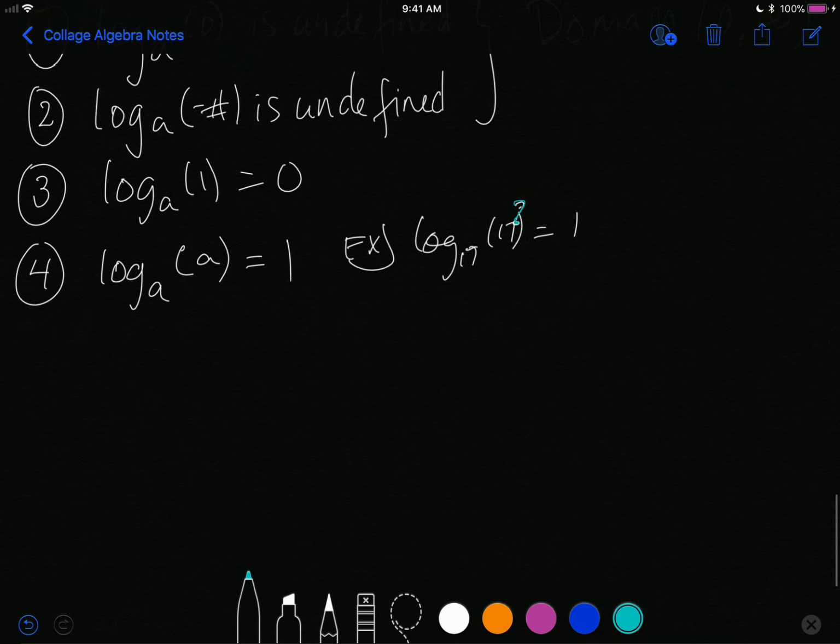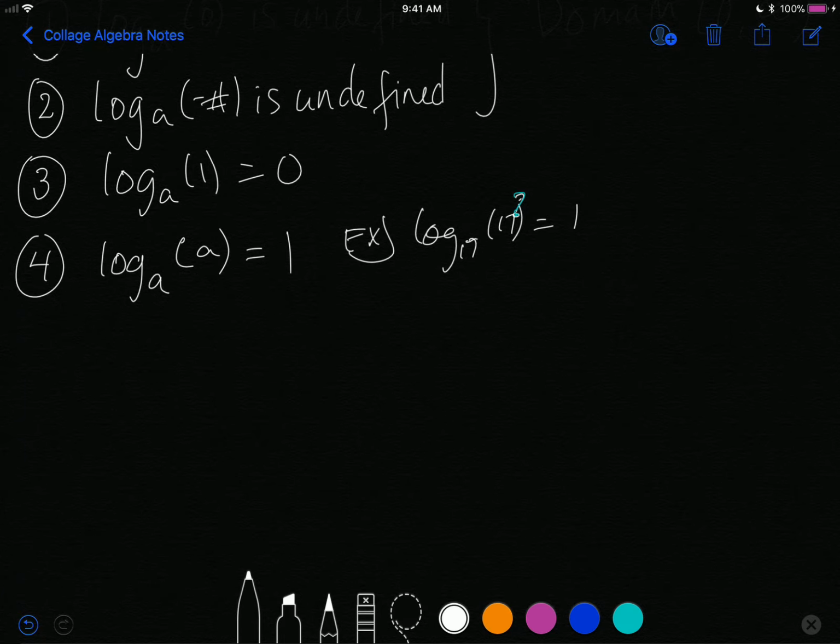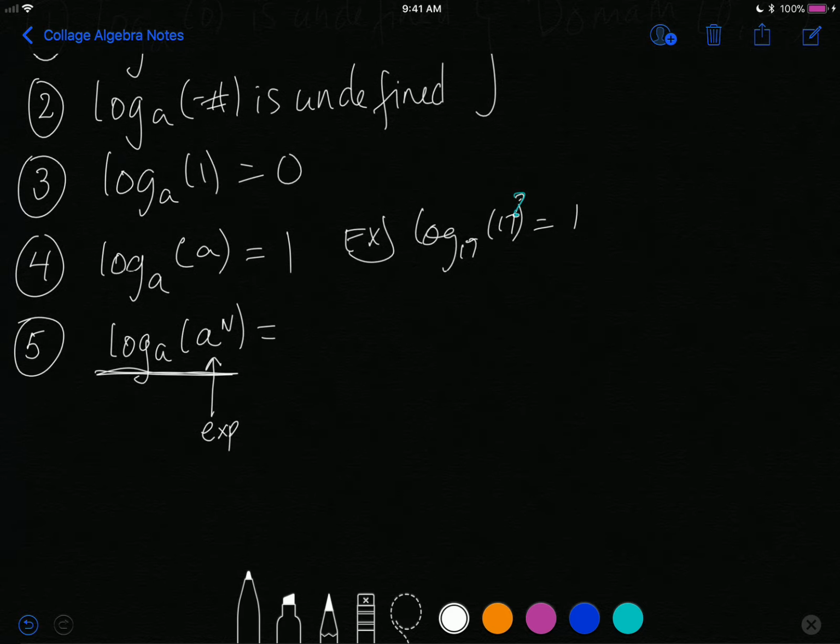The last two properties right here are the most valuable properties of logarithms, the most indispensable properties of logarithms. Log base a of a raised to the nth power. If you look carefully right here, I have a logarithm, but I'm plugging into the logarithm an exponential. Logarithms and exponentials are inverse functions of each other. And so what will happen is that the log and the base of the exponent will cancel out, leaving me with the simple answer of n.